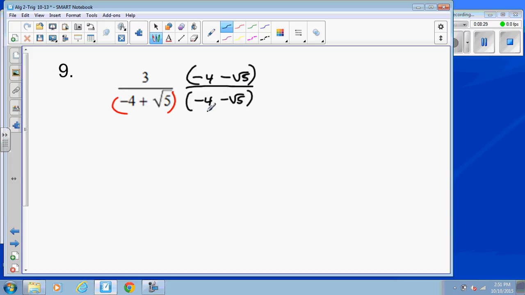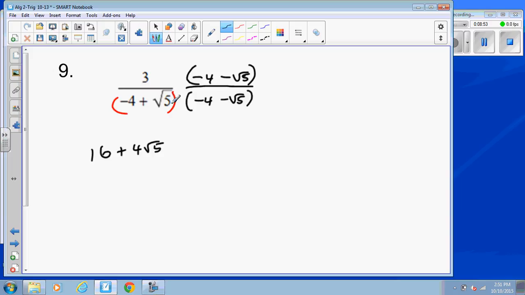The reason we do that is because watch what happens when I multiply the 2 on the bottom, the FOIL. The first would be negative 4 times negative 4, that's positive 16. Then negative 4 times negative square root of 5. Negative times negative is positive, so I get plus 4 square root of 5.